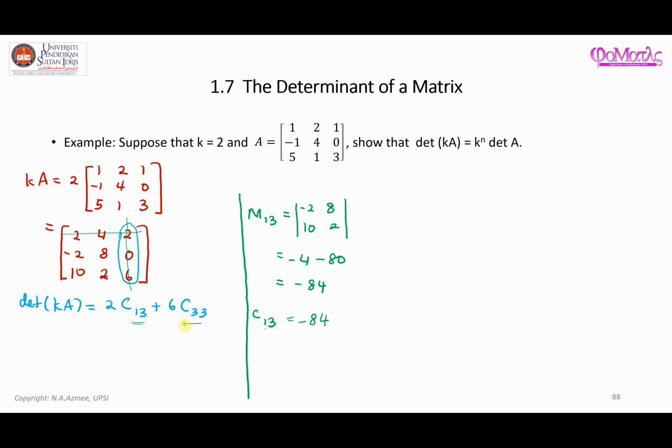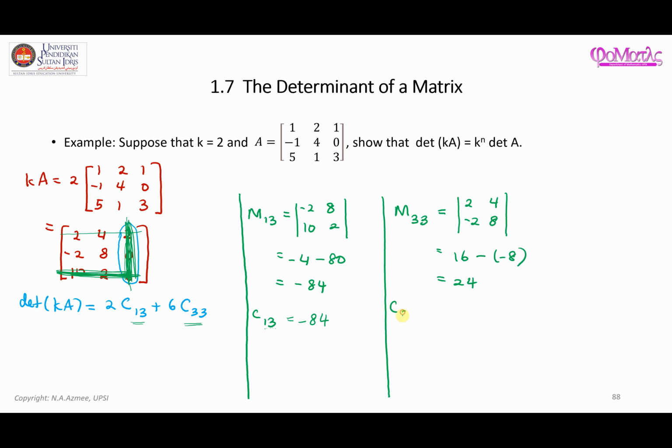Now, next is to find what is C33. Well, in order to get C33, you need to consider M33, which can be obtained if you delete the third row and the third column. Okay, so here we have matrix 2, 4, -2 and 8, and this is just 16 minus -8, so that is 24.